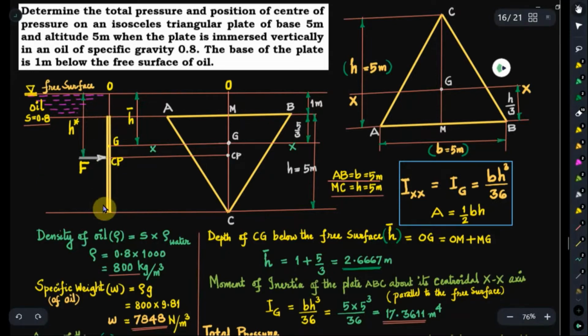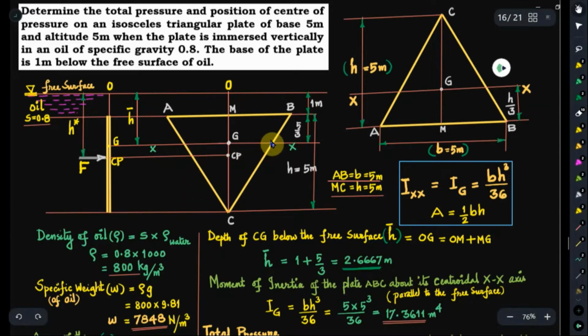Here this is the edge view of this triangular plate, and the base of the lamina is represented by AB, and the altitude is MC, and altitude is 5 meters, and the base AB is below the free surface by a distance 1 meter. And where is the center of gravity?